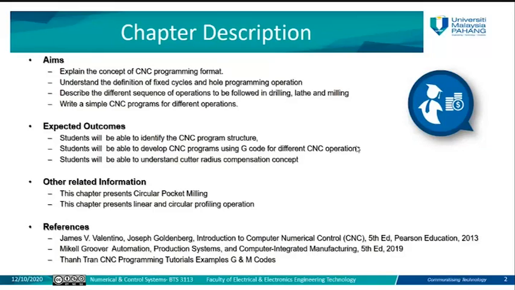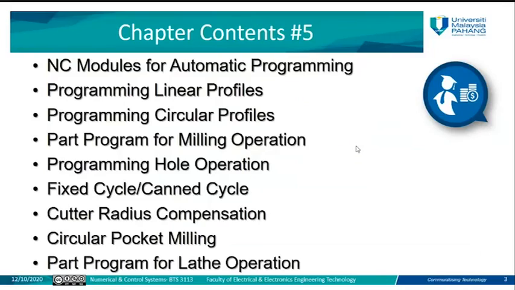So this is the chapter content, and here is the list of content for this chapter. In the previous chapter, we highlighted just the definition of each code and how to use it in one programming block or address. But here we are going to take a complete example, for example programming for a linear profile.